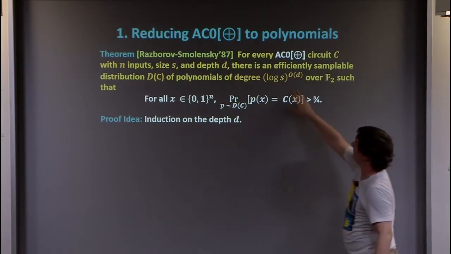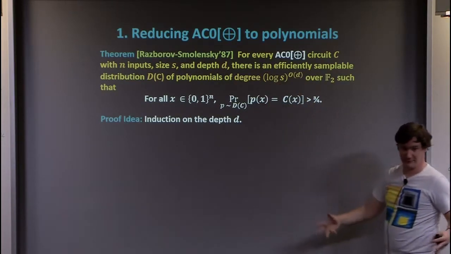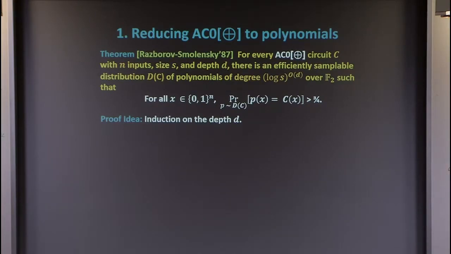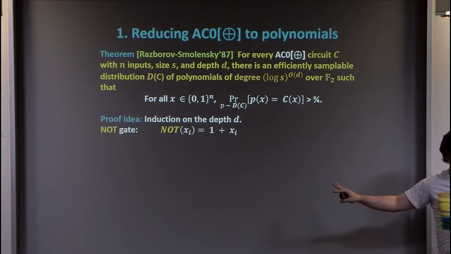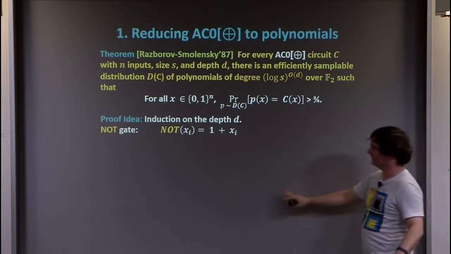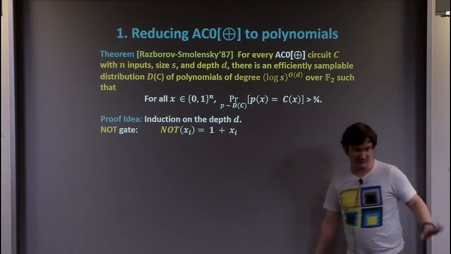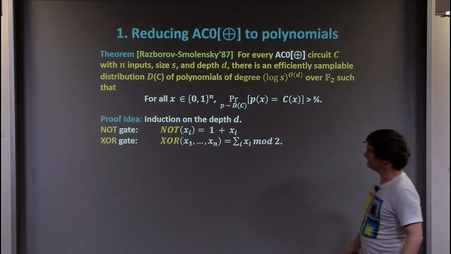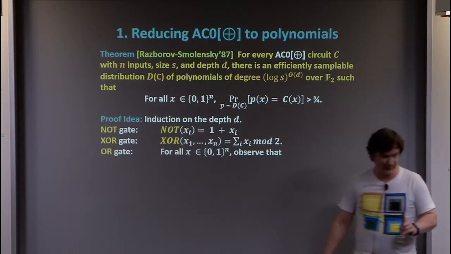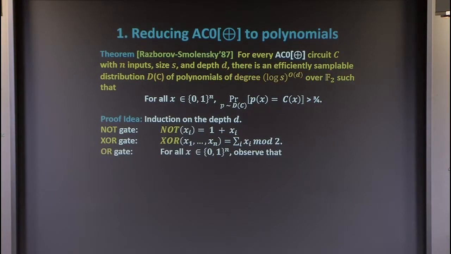When we compose them all, we get degree (log S) to the order D. So it's the composition of D polynomials of degree log S. The NOT gate is pretty easy to do over F2: 1 plus x_i. The XOR gate, no sweat either, over mod 2. The OR gate is the tricky part, and we do it as follows.